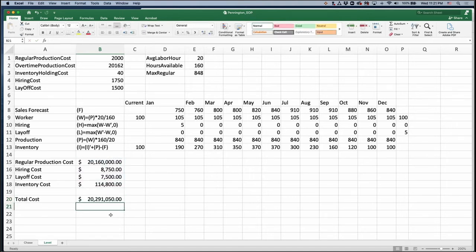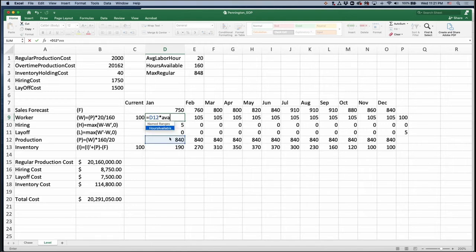Also, when you compute this number, 840 is given, and you can compute this number. To do that, here you can use this average instead of this number. Simply this number times average labor hours.